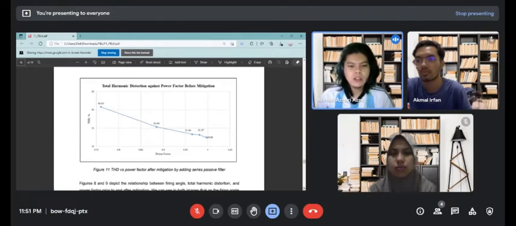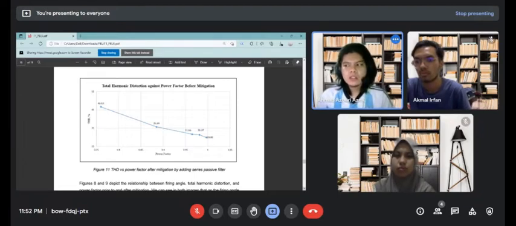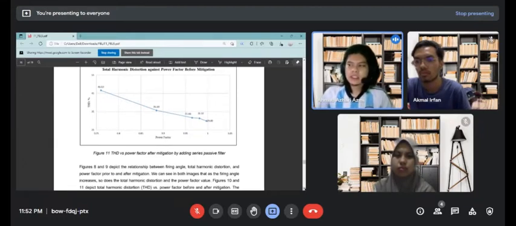So from this graph, we can also deduce that the total harmonic distortion has an effect on the power factor values.